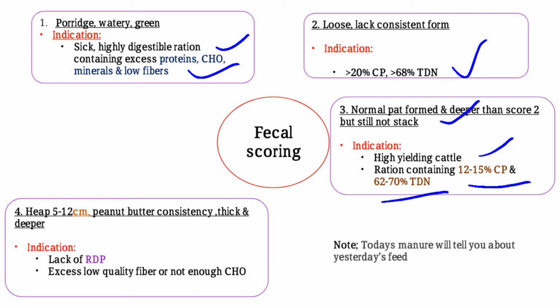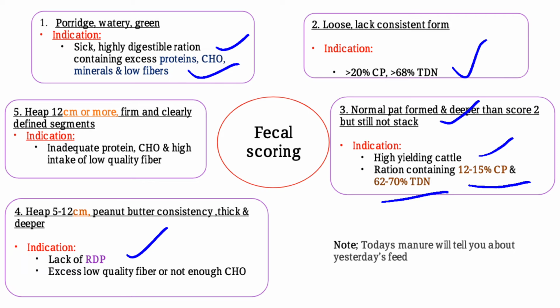Fecal score 4 is 5 to 12 centimeters high with peanut butter consistency, thick and deeper than score 3. It is an indication that the animal has eaten too little rumen degradable protein and excessive low quality fiber, or not enough carbohydrates.